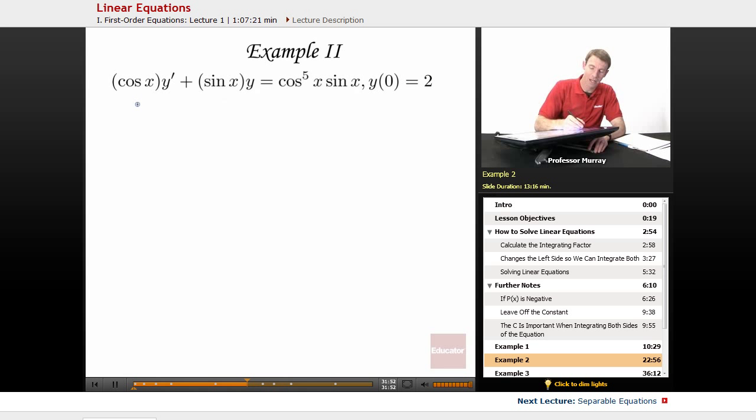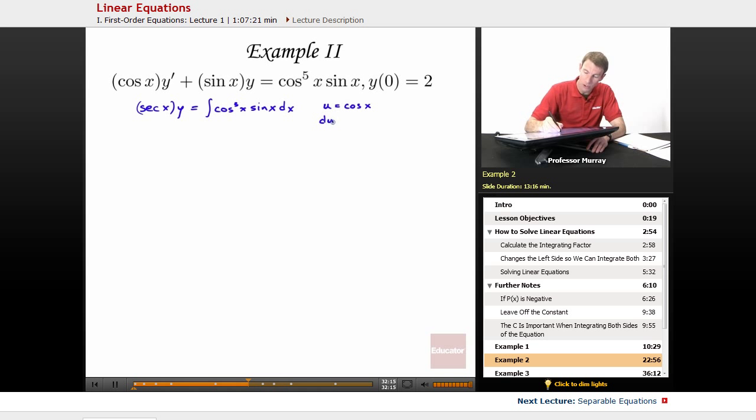So on the previous slide, we got it down to secant x times y is equal to the integral of cosine cubed x times sine of x dx. This is all coming from the previous slide. And so I have to solve this integral on the right. I'm going to use a little substitution now. U equals cosine x.